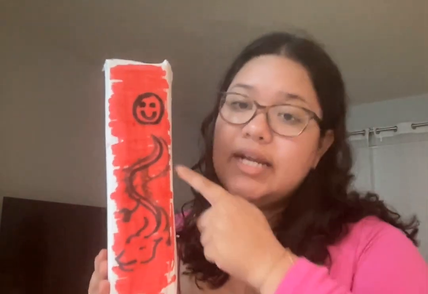I can also bring in the significance of the red color to Chinese culture. It signifies prosperity and luck, and it's the color of the flag as well. In addition, I drew a dragon.